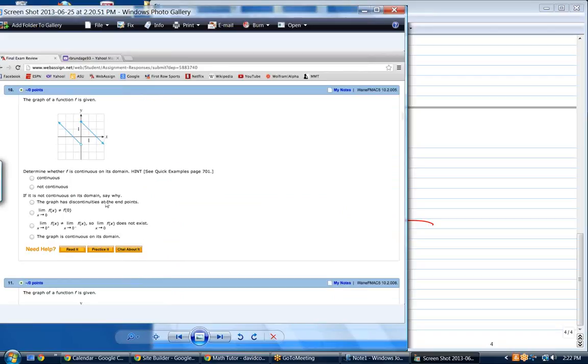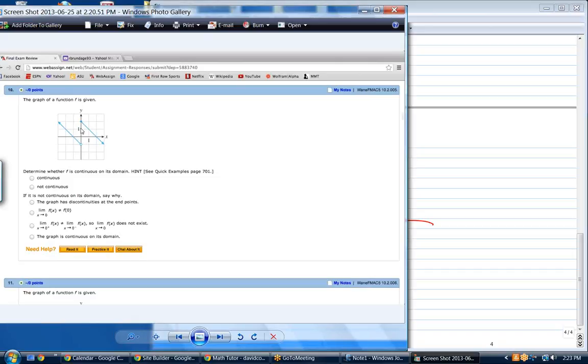And if it's not continuous, say why. Let me just read this. Well, it can't be this, because that's not what they're talking about.